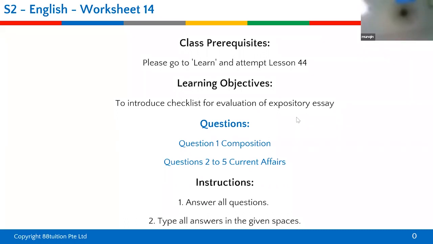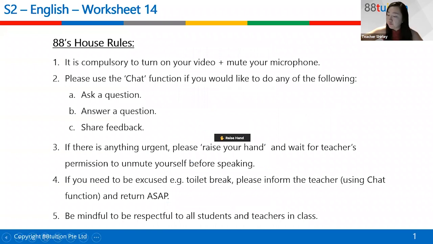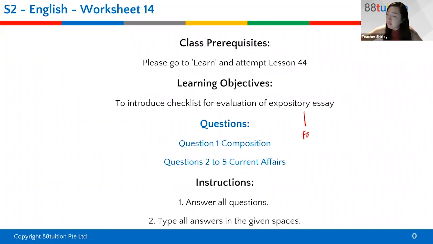Okay, basically expository, there are two types. One is factual expository. The other one is what we call personal expository. Now, do take note, personal expository is different from personal recount, okay? Personal expository requires a personal response, right?